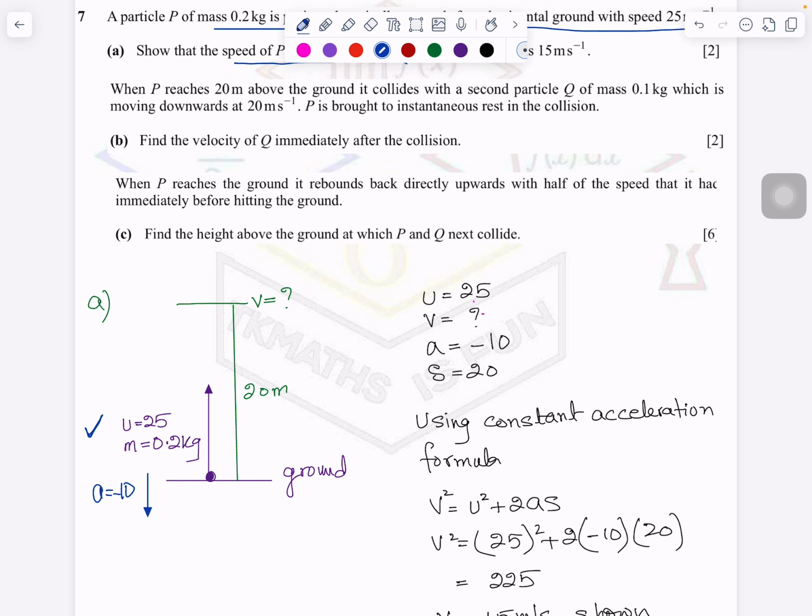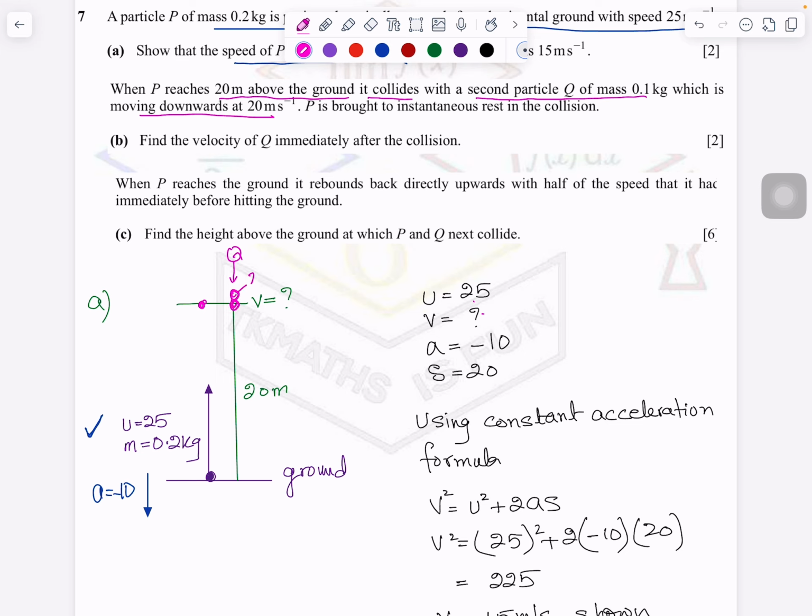When P reaches 20 meters above the ground, it collides with a second particle Q of mass 0.1 kg, which is moving down at this speed. So there was some object Q coming down, and when P reached here, Q also reached here.